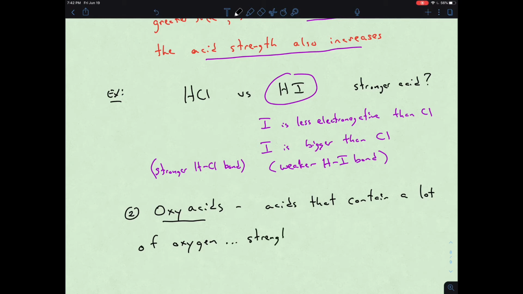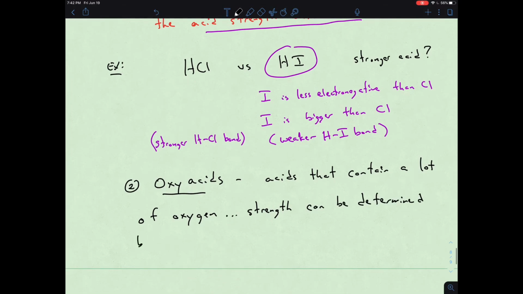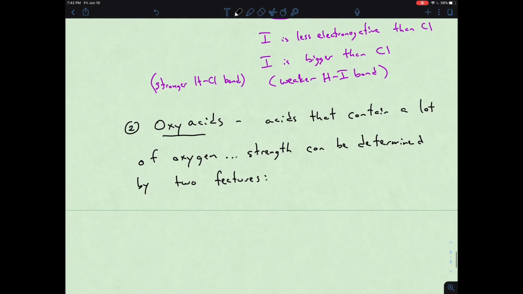Strength can be determined by two features. The first of those is number of oxygens.